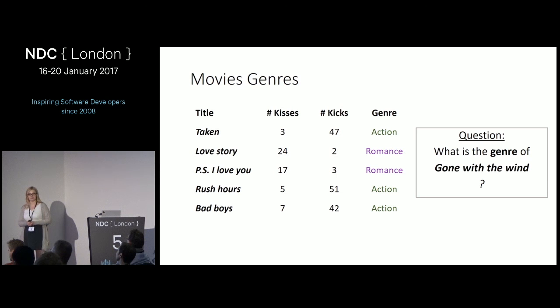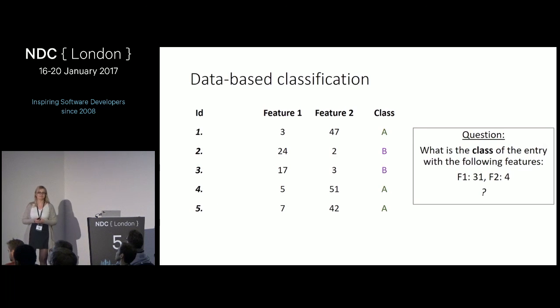And when I saw this example, I was thinking, wait a minute. Well, I have a new movie, and I can assign the type straight away, based on the title, most of the times. If I watch the movie, I really didn't count those kisses and kicks. Even if someone provides me with this information, me as a human being, I don't use this information. But if you think of how machines are thinking, they see it like this.